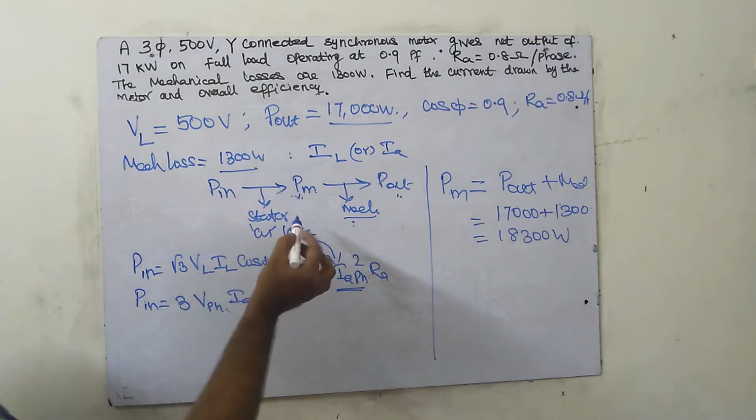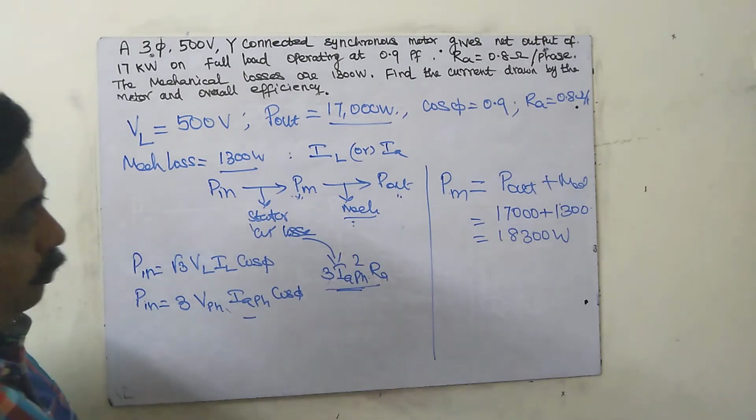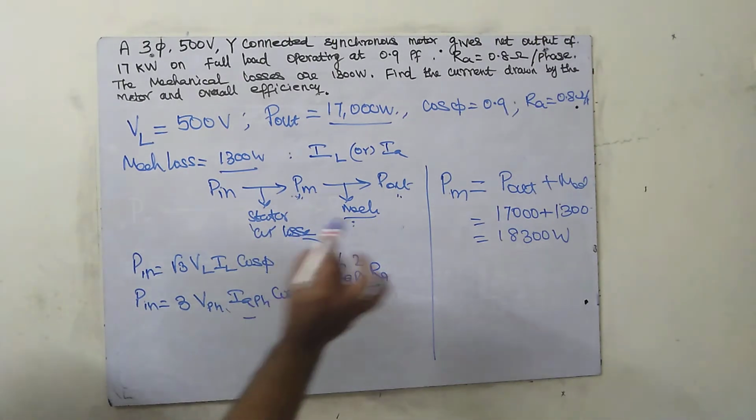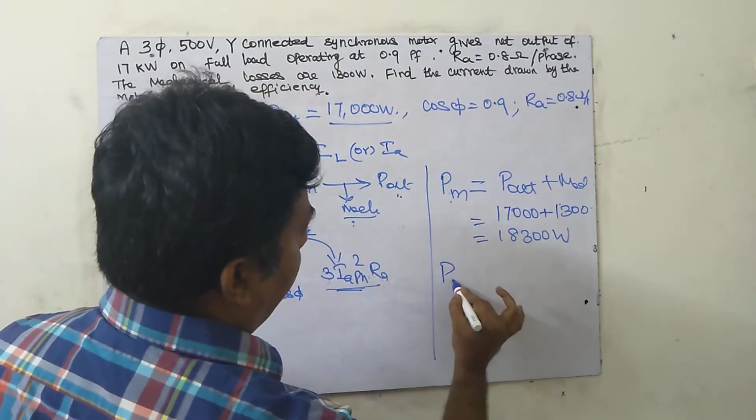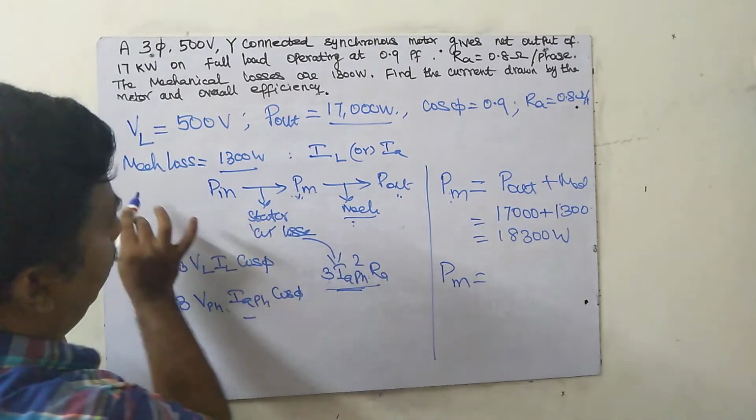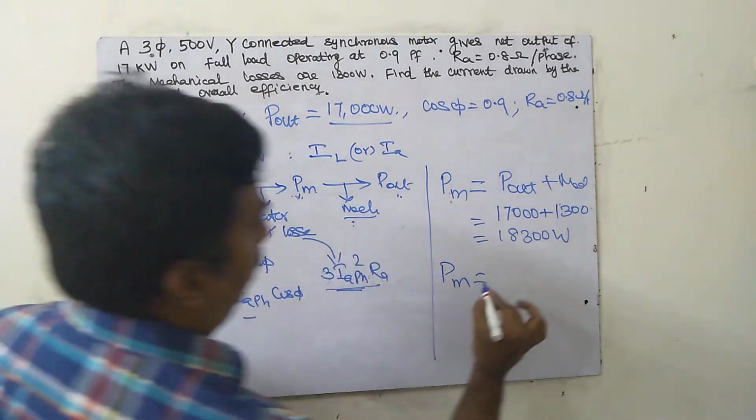From the PM value, what do I have to find? I have to find IA phase, which is the unknown quantity. Another equation I will write like this: PM equals P in minus stator copper losses.